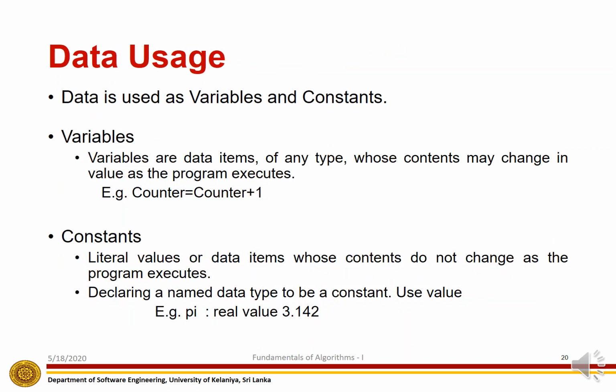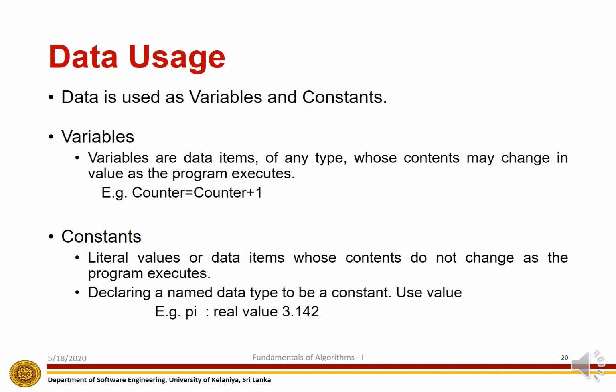Next, data usage. We can consider data as two types. One is variables and one is constants. Variables are data items of any type whose contents may change as the program executes. For example, we can get counter equal counter + 1. This is a line of an algorithm procedure.